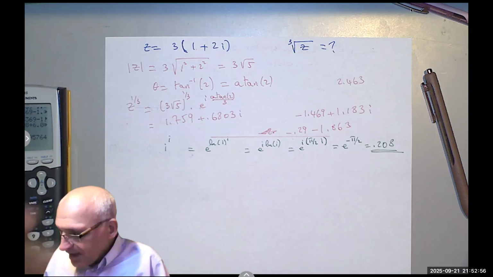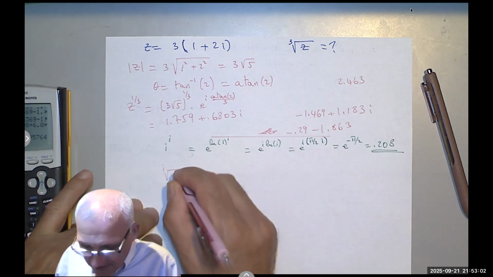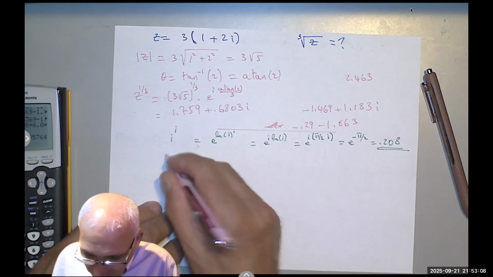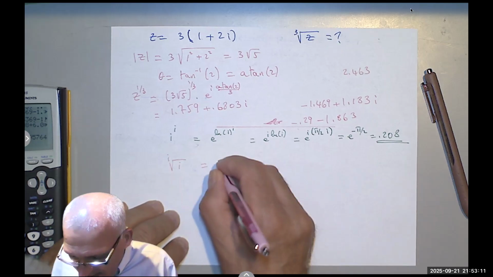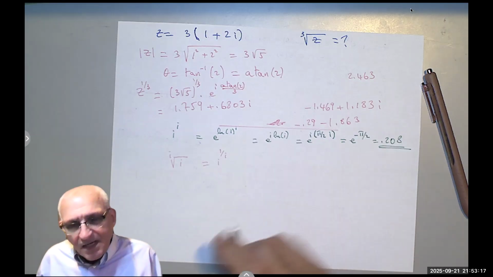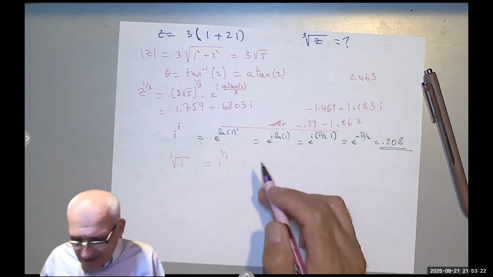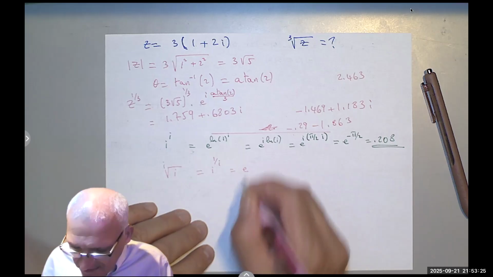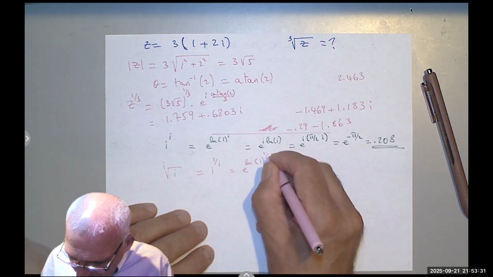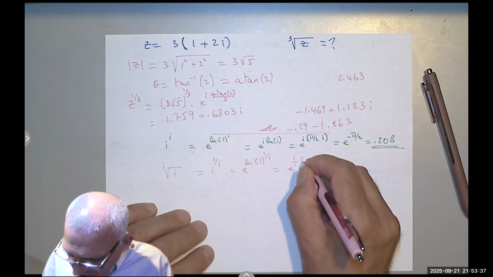And to finish it up, I will show you what about the ith root of i. This is an easy one. You will see in a second. The ith root of an i is i to the 1 over i, right? What is i to the 1 over i? Let's see. I'm going to say it's e to the natural log of i to the 1 over i, equals e to the 1 over i times natural log of i.